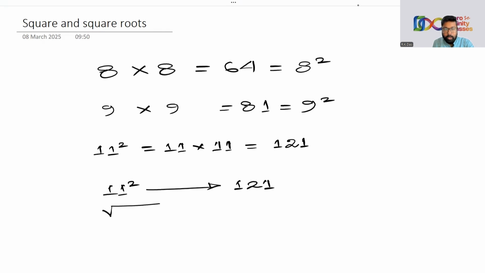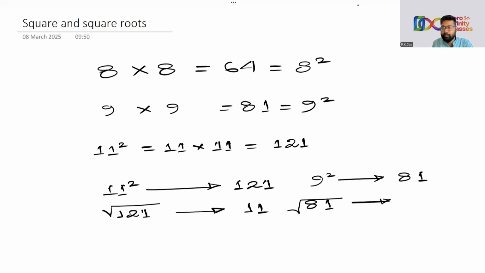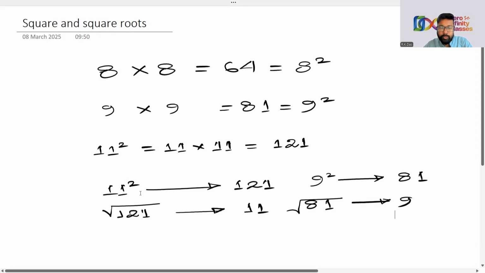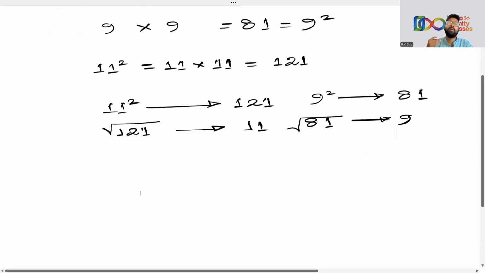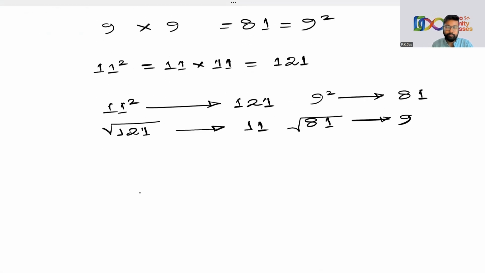But the square root of 121 will be 11. Similarly, 9 square is 81, but the square root of 81 will be 9. So square root is nothing but the opposite of square.